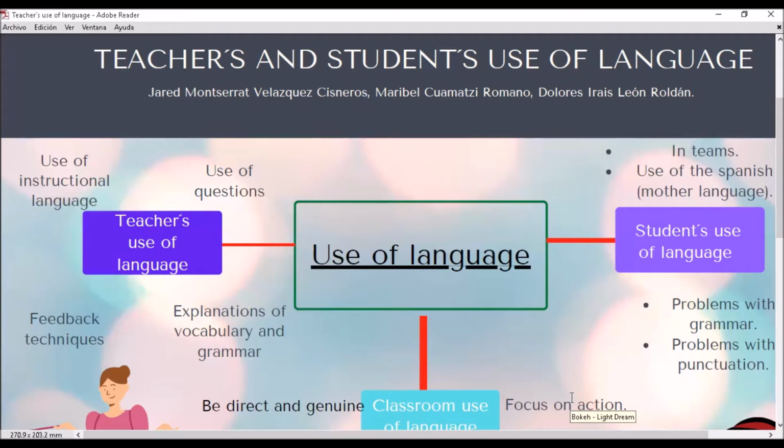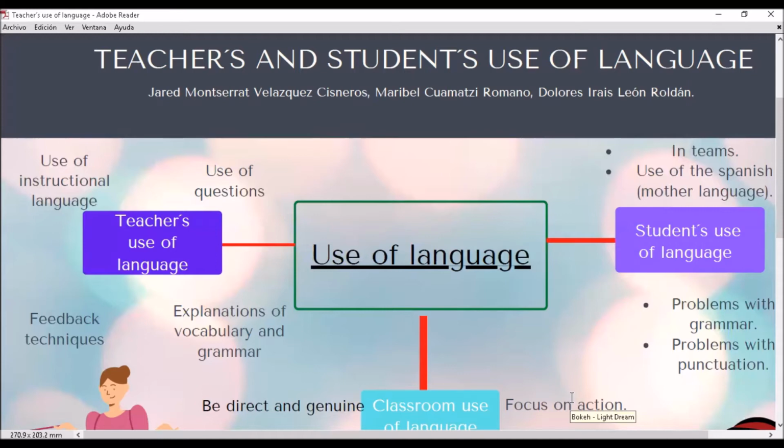Feedback techniques. It's important that the teacher gives feedback to make sure that the students have understood. We can give feedback with the help of questions, identifying the students' difficulties, and how the learning is carried out, etc. It's necessary to explain vocabulary and grammar to the students because they need to expand their vocabulary.